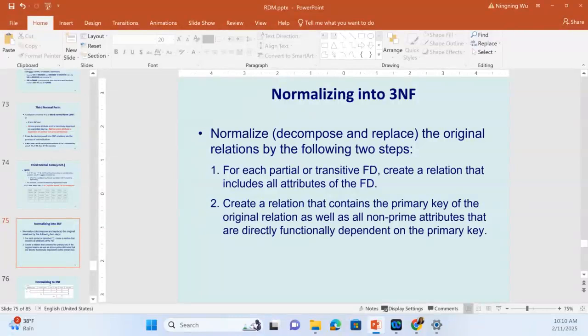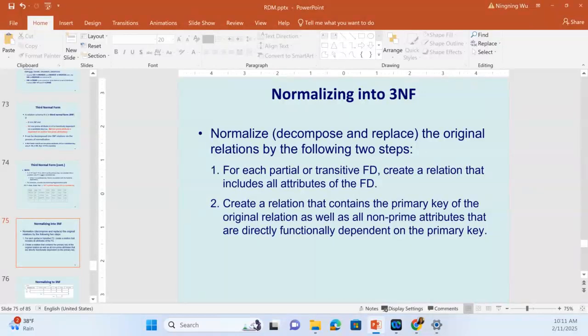This normalization process is very simple. It only takes 2 steps. First step: for each partial or transitive functional dependency, we create a relation that includes all attributes of that functional dependency. Step 1 we may repeat multiple times until we finish creating a relation schema for every partial or transitive functional dependency.